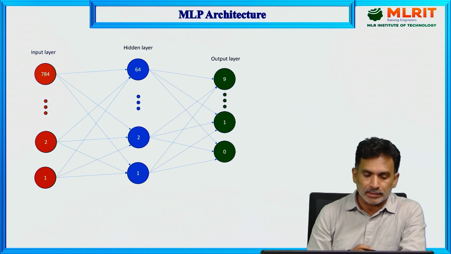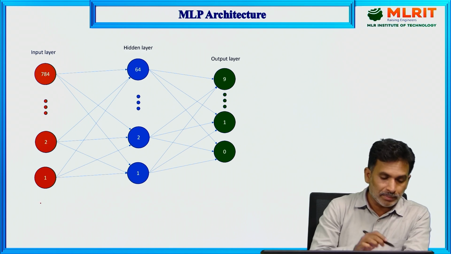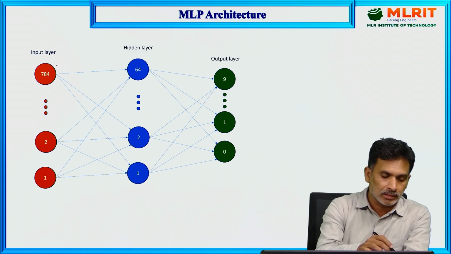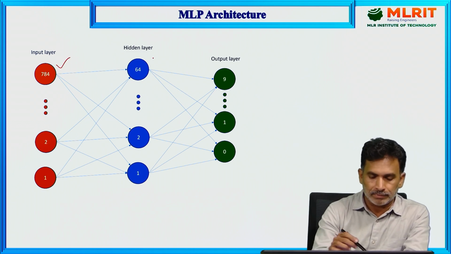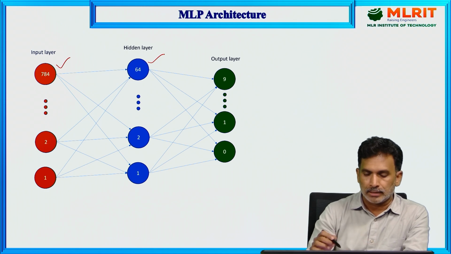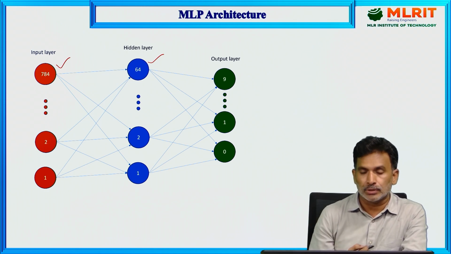We have to understand mainly what the input layers are and why there are this many neurons. Here you can see there are 784 neurons in the input layer, 64 neurons in the hidden layer, and 10 neurons in the output layer, that is from 0 to 9.